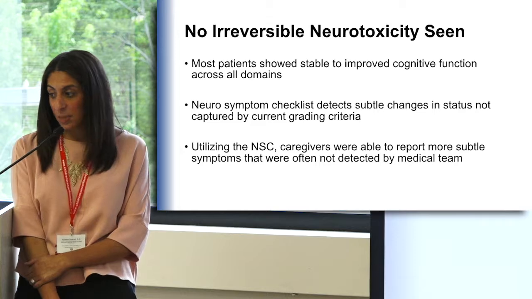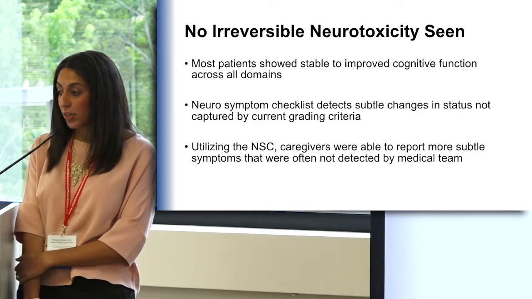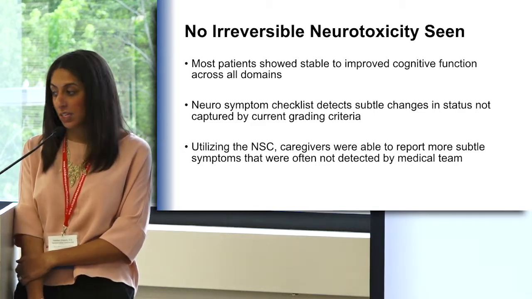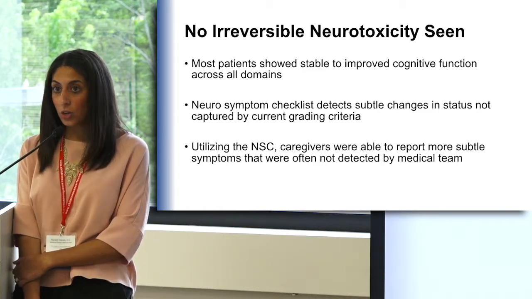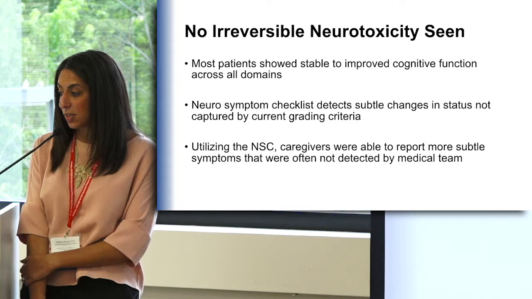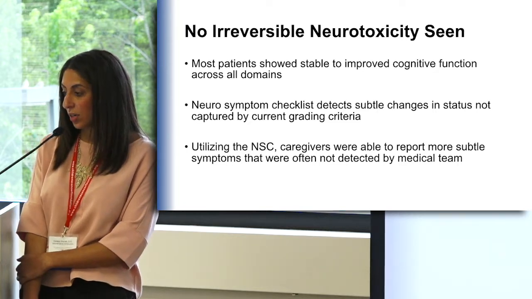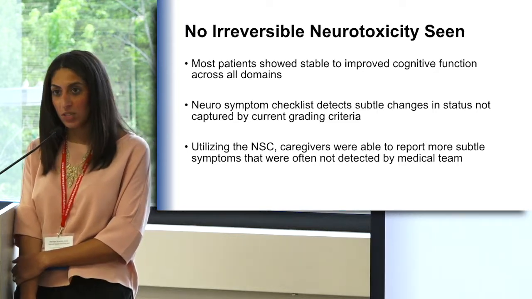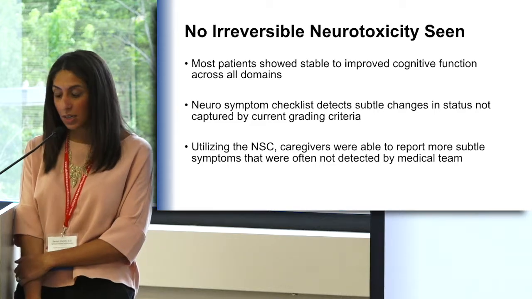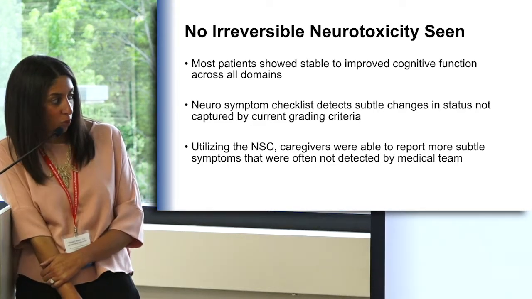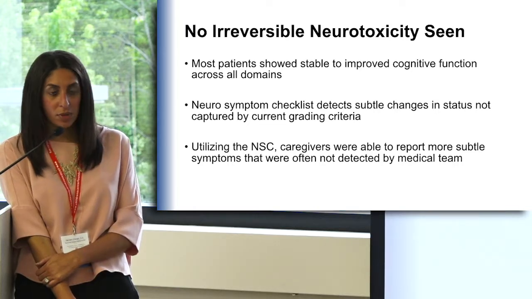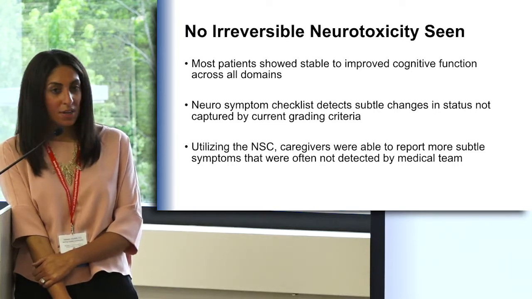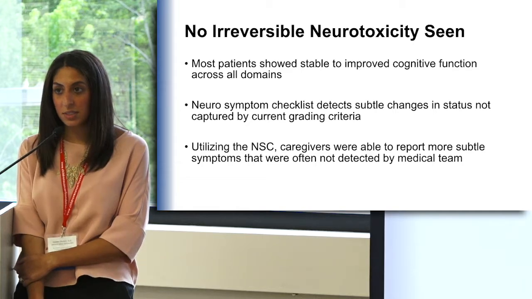What we were able to demonstrate, at least in the CD22 CAR arena, was that most patients showed stable to improved cognitive functioning across all domains tested. Our neurosymptom checklist was able to detect subtle changes in status that was not easily captured by current CTCAE criteria. And additionally, and very importantly, utilizing our neurosymptom checklist, caregivers were able to report more subtle symptoms that were often not detected by the medical team.